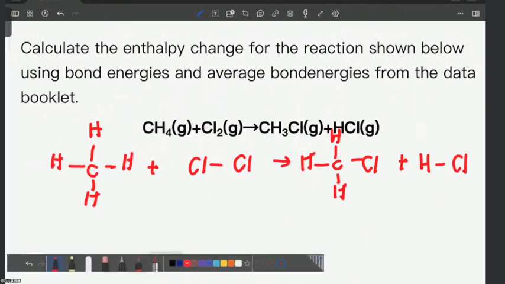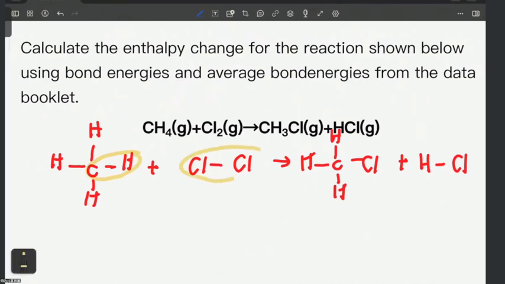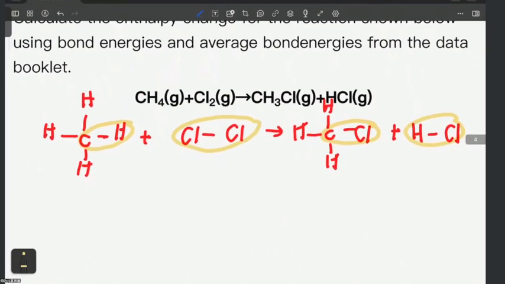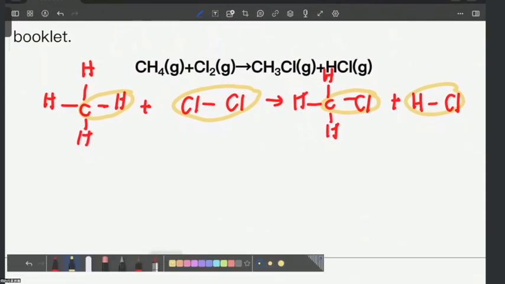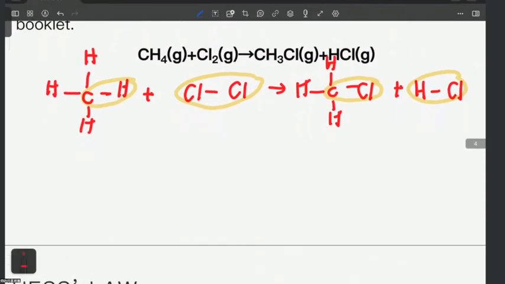In this reaction, we know which bonds are breaking. It's this one and this one. And which new bonds are being made. Okay, let's get started. First, we need to calculate the broken bonds.